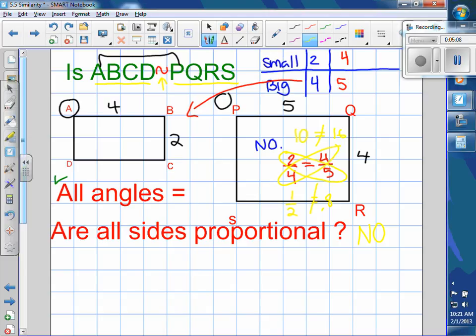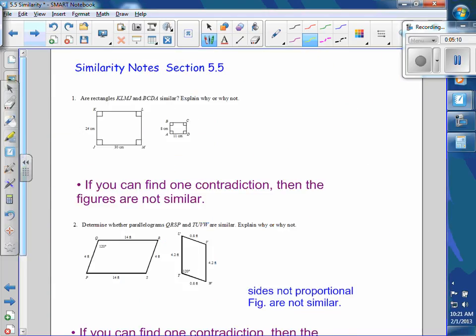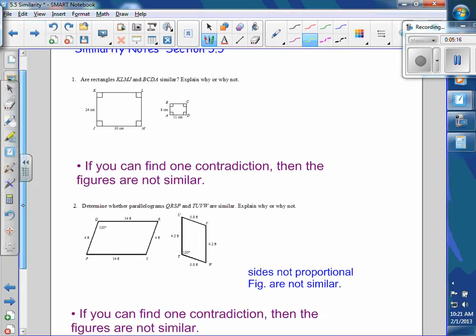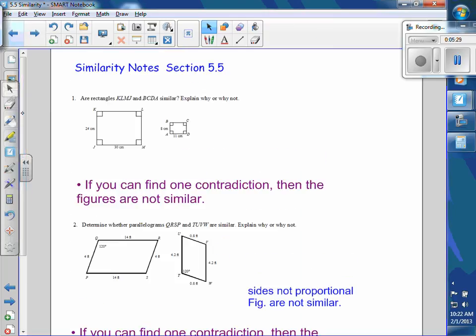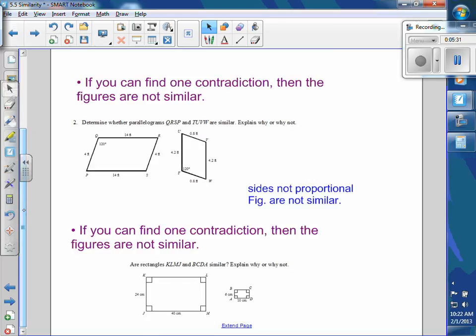Okay. We have time for one example here. It's on the board. I picked some examples. Let's look at this triangle. Let's look at this parallelogram one.